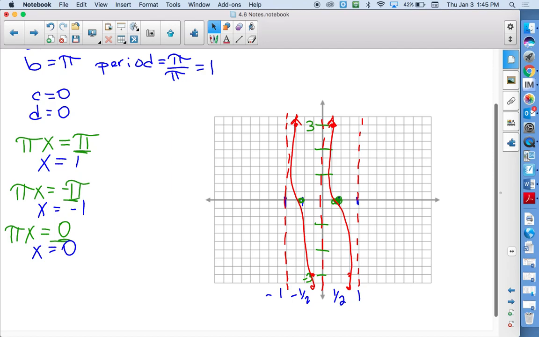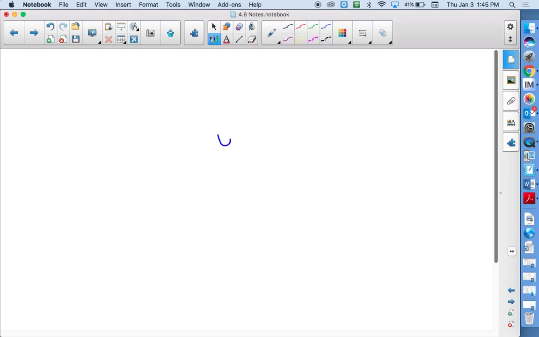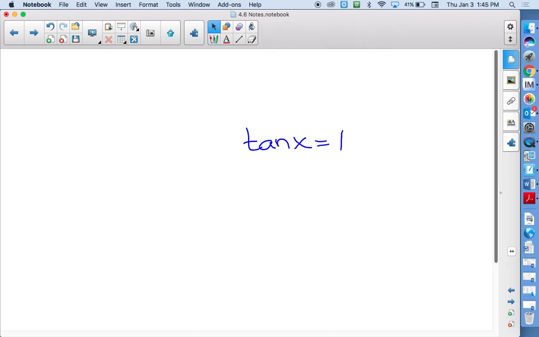So just quickly, number 35 gave you the fact that tangent was equal to 1. I'm trying to think what the exact directions were. It says use the graph of the function to approximate the solutions of the equation between negative 2 pi to positive 2 pi.